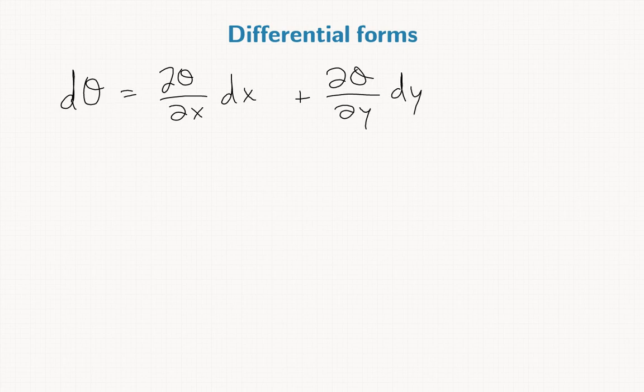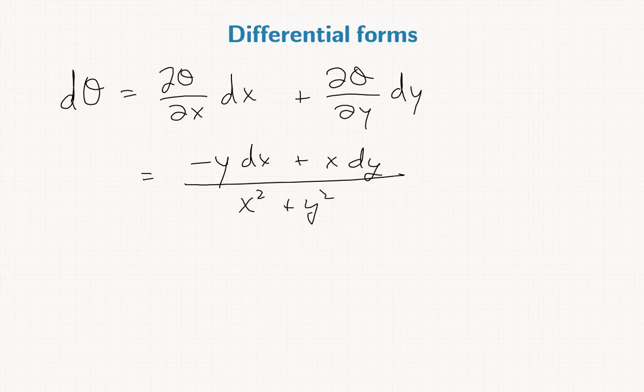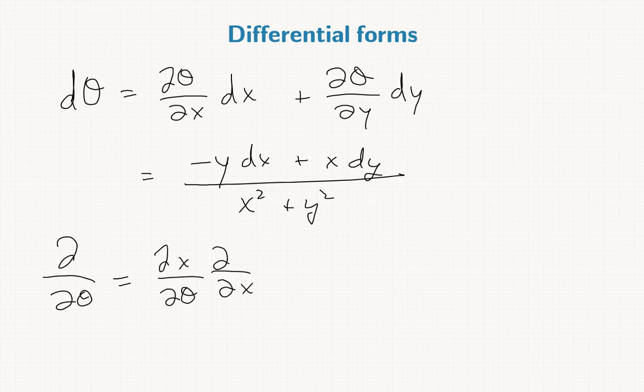And we don't really have a direct formula for theta in terms of x and y, which is why we went through this implicit differentiation way of getting at that formula. Whereas del by del theta is del x by del theta, del by del x plus del y by del theta, del by del y.